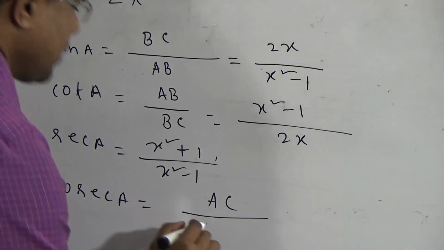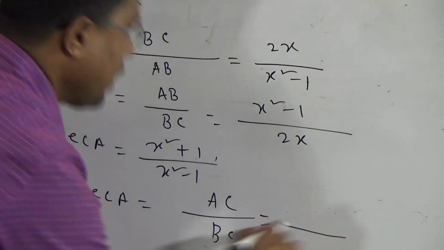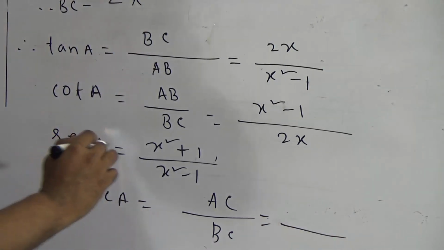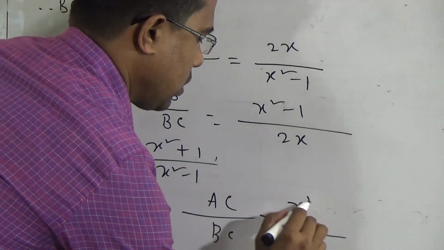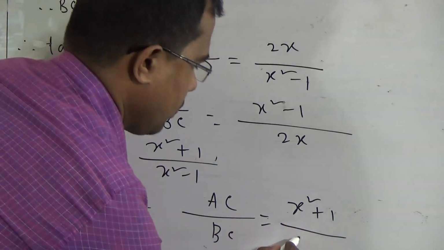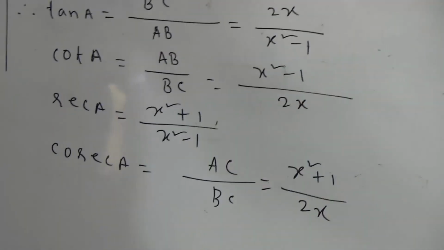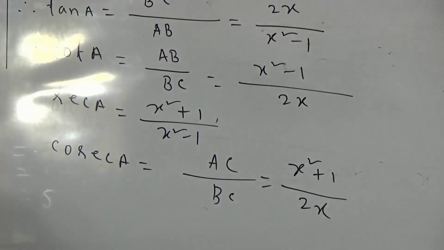Here the hypotenuse is AC and the opposite side is BC. This is equal to AC, which means x square plus 1, and BC means 2x. Okay, now we can easily find out the value of tan A plus cot A and sec A into cosec A.